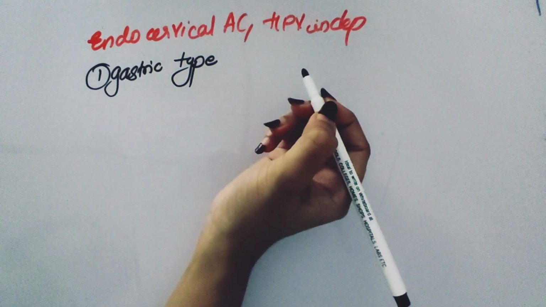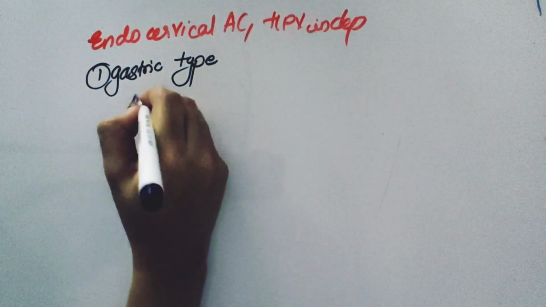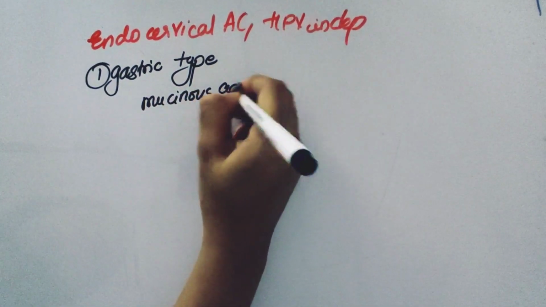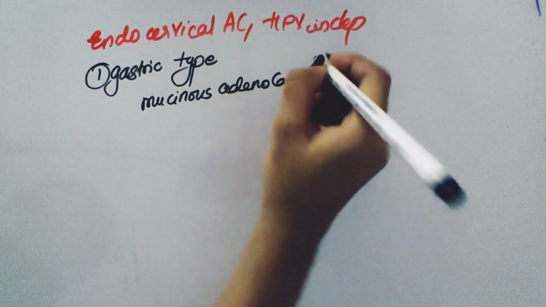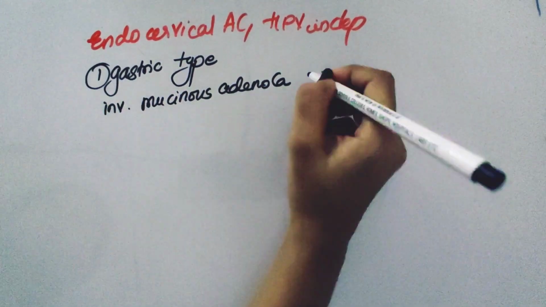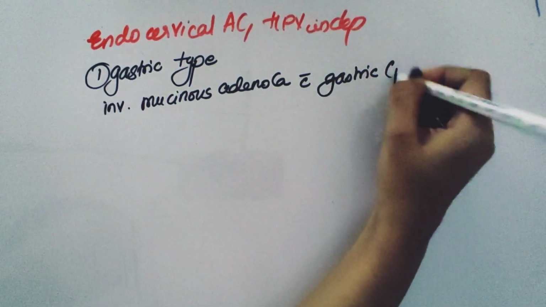So gastric type. Why is it called gastric type? Because obviously it is the same as the mucinous adenocarcinoma, which is invasive, of course, but with gastric or pyloric differentiation.